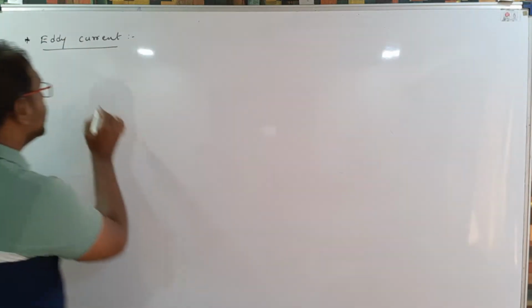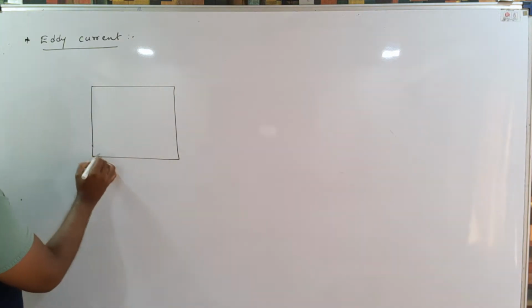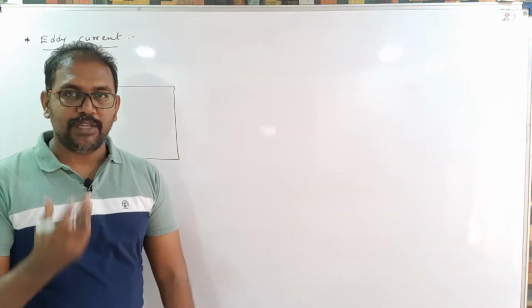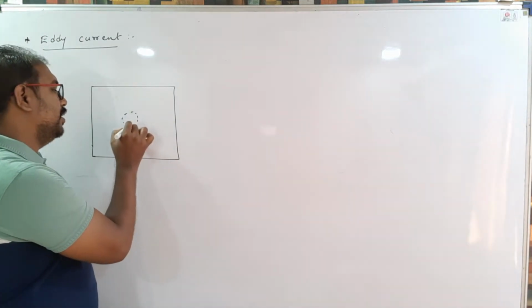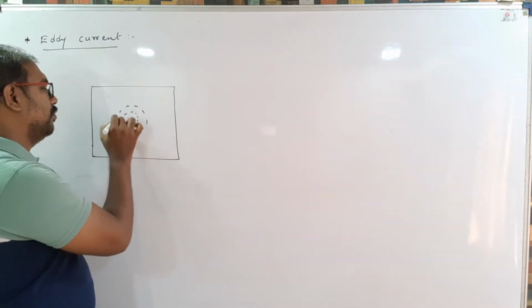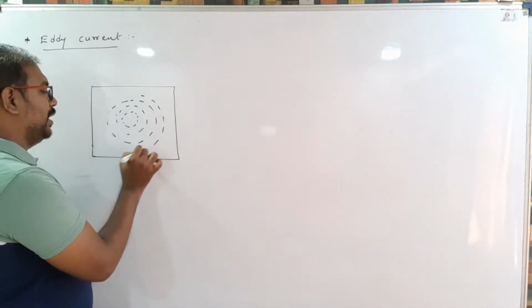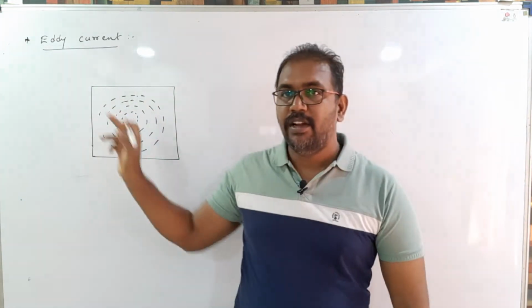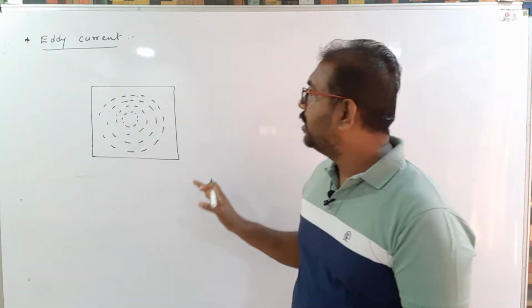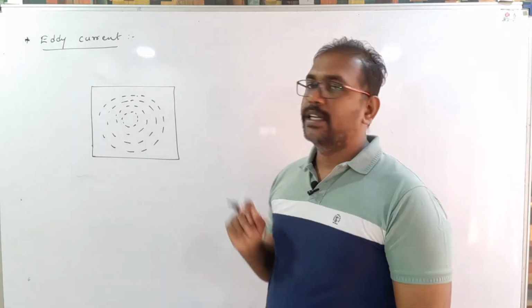Pay attention here. We consider a metal plate or metal block. When this metal block is placed in a changing magnetic field, a circulating current is induced in the metal block. This circulating current is like an eddy or whirlpool, so it is called eddy current.